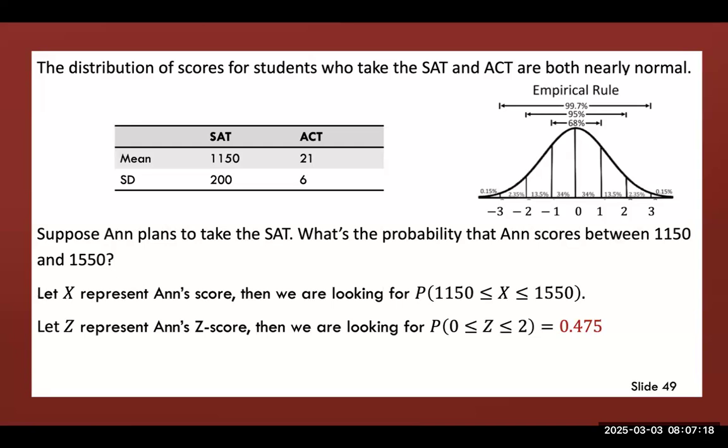The only thing I wanted to do differently with this problem is to think about it in terms of z-scores. So we could think of this as the probability x is between 1150 and 1550, or we could think of it as the probability z is between 0 and 2. Both of them will give us the same answer, which is 0.475.